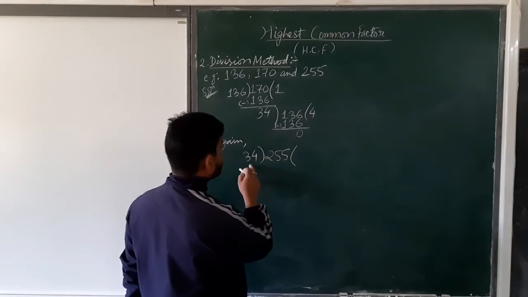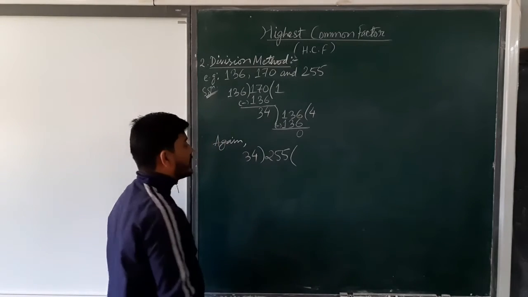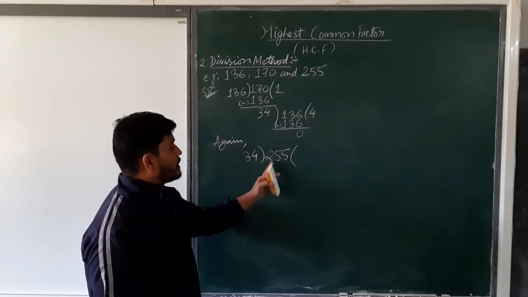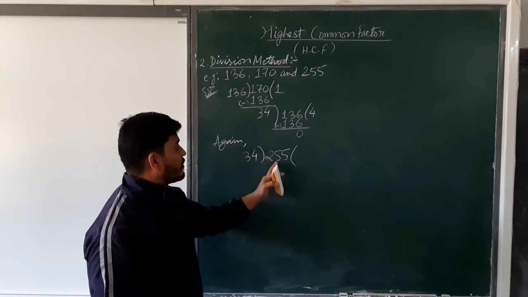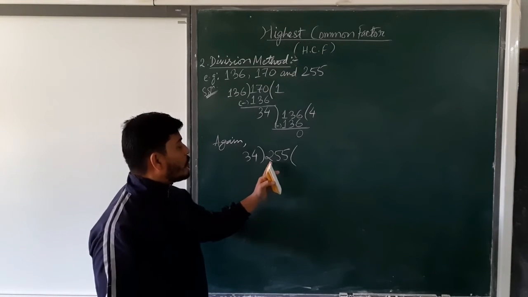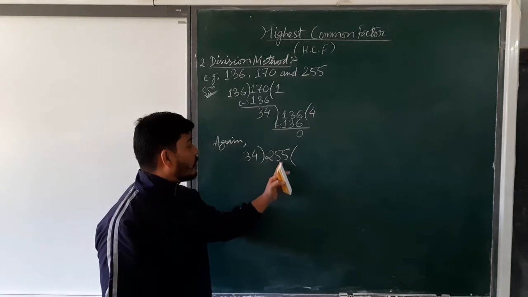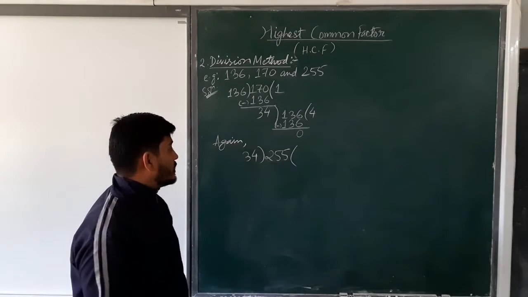Okay? Then as you can see, the first 2 digits of the number 255 are smaller than 34, so we have to take all 3 digits and divide.